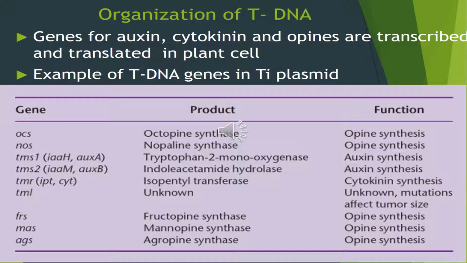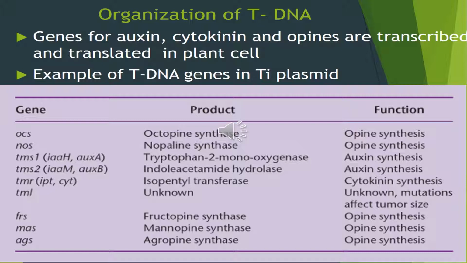Next gene is TMS2 which codes for indoleacetamide hydrolase enzyme and the function is auxin synthesis. Next gene is TMR that codes for isopentenyl transferase and its function is cytokinin synthesis. The last three genes FRS, MAS, AGS code for the enzymes fructopine synthase, mannopine synthase, agropine synthase and will function as opine synthesis.